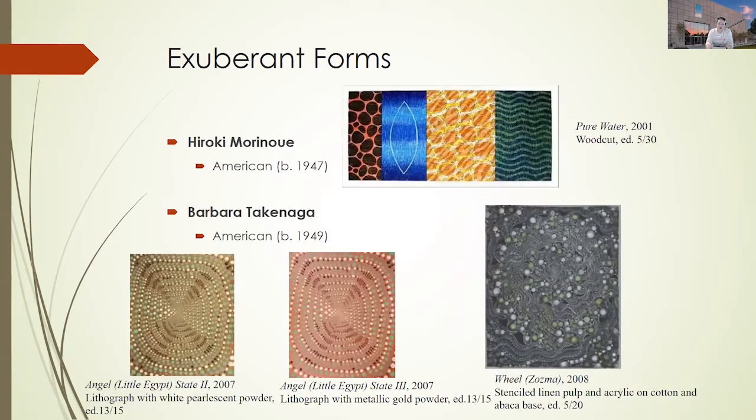So moving on with the idea of abstraction, we have Hiroki Morinu. I looked up how to say his last name and now I've forgotten, but there it is. He is American, born in Hawaii, but of Japanese descent.